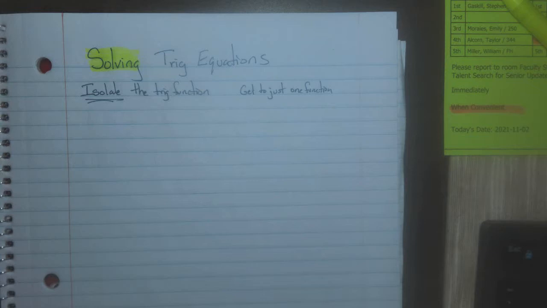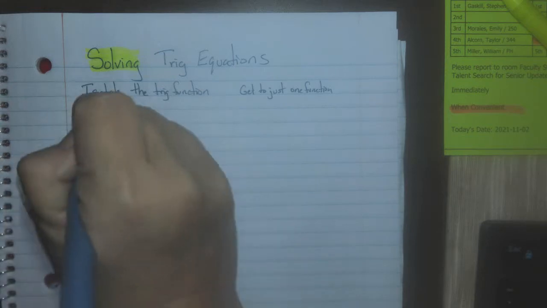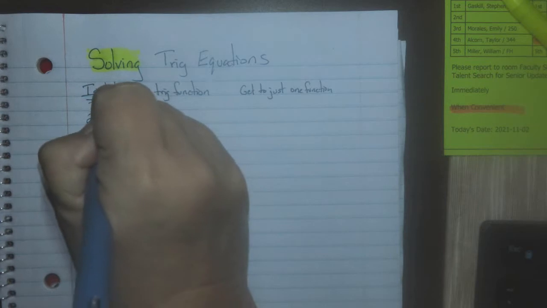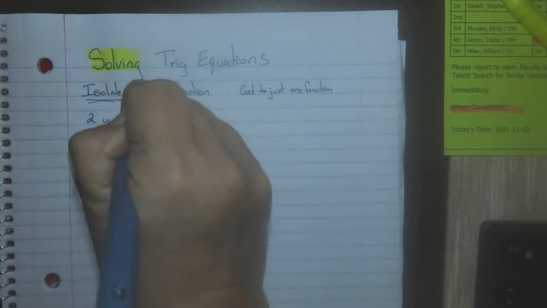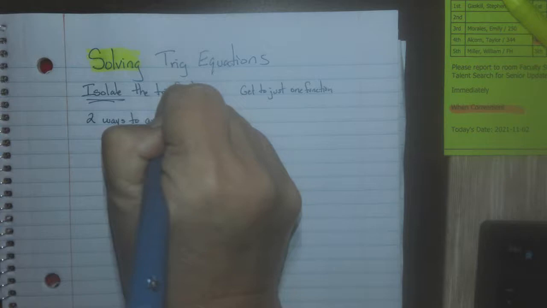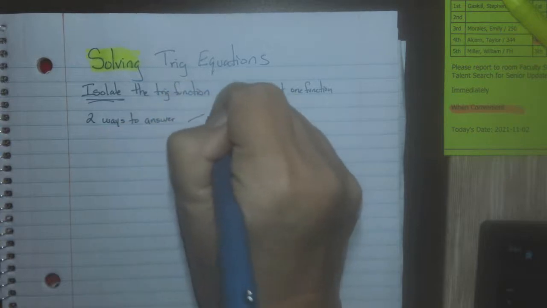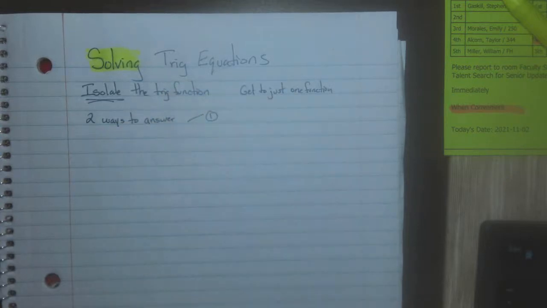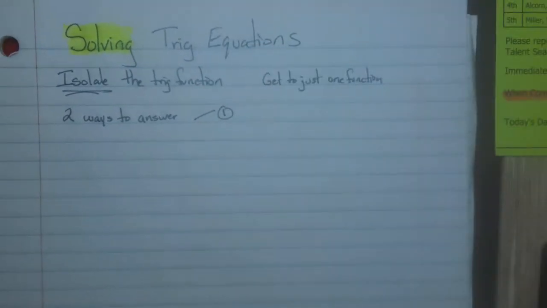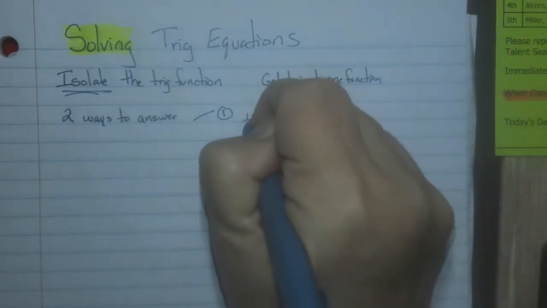Alright, when we're solving trig equations, there's also two types of answers, or two ways to answer. So one way is the instructions could say, please give all the answers on a certain interval.